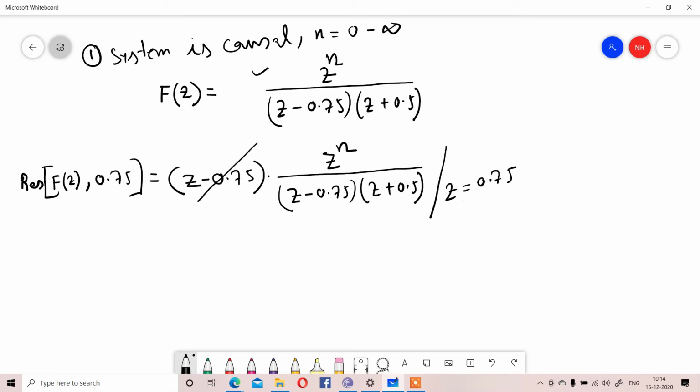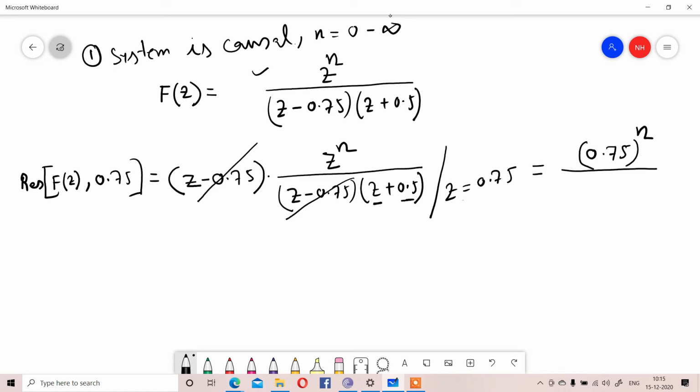So z minus 0.75 will be cancelled out. If we replace z equal to 0.75, it will be 0.75 whole to the power n, and 0.75 plus 0.5 will be 1.25.